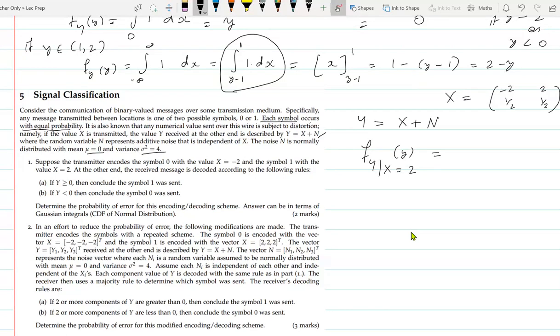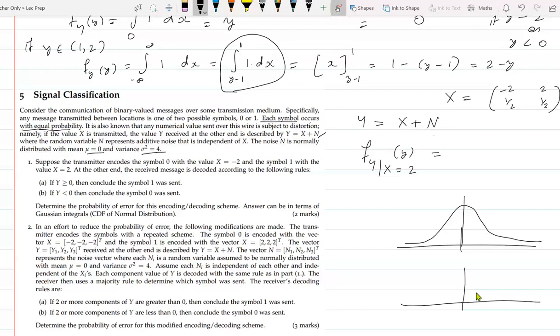It will be a normal distribution with mean 2. If you add a constant value to a normal distribution, say one with mean 0 and variance 2, and you are given x equal to 2, you are just adding the value 2 to the normal distribution. The normal distribution will just shift.